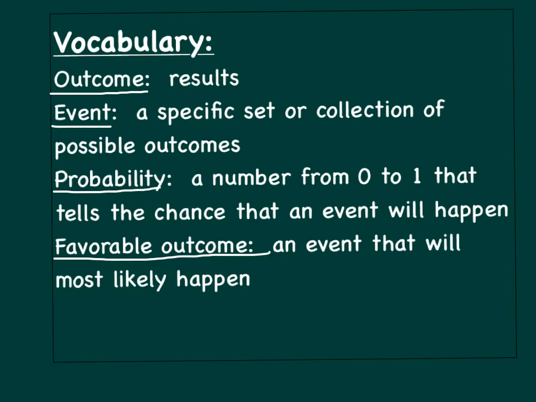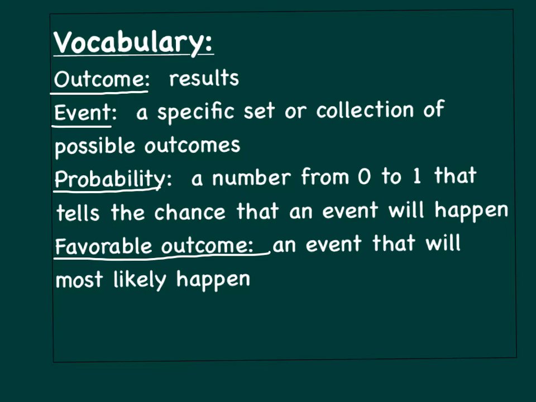So let's take a look at some vocabulary for this lesson. You're going to hear the word outcome. An outcome basically means the result, like what happened. Event: a specific set or collection of possible outcomes.